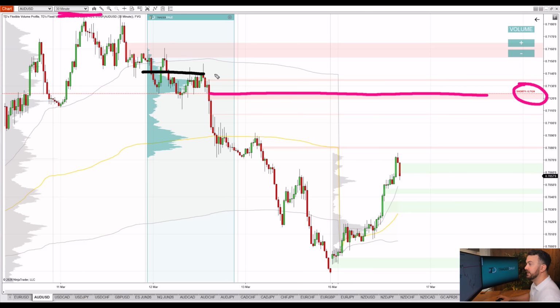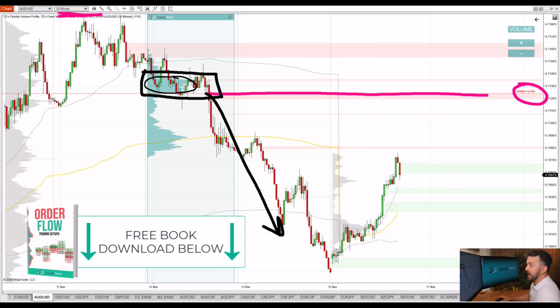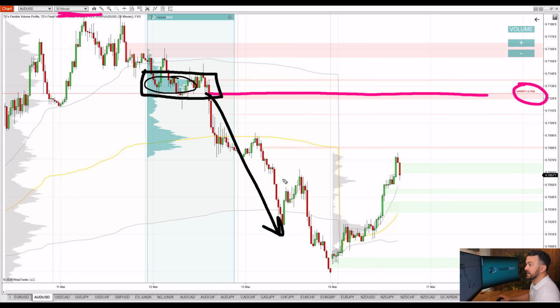First, you need to see rotation where heavy volumes were accumulated, like in here, and then there needs to be a strong trend activity following that accumulation zone, exactly like in here, right? This is a heavy volume zone from which this sell-off started, and this heavy volume zone represents a resistance, especially the beginning of that heavy volume zone.